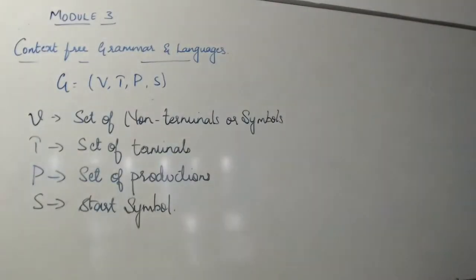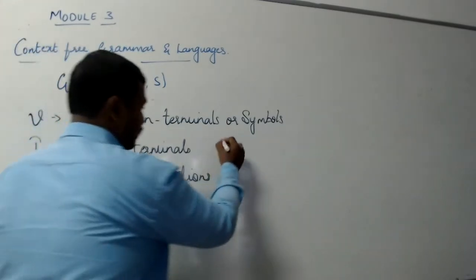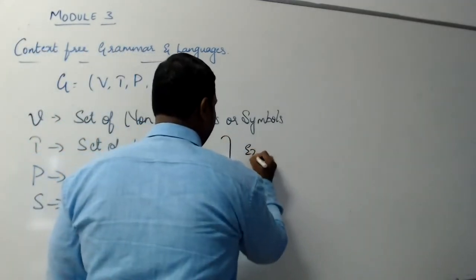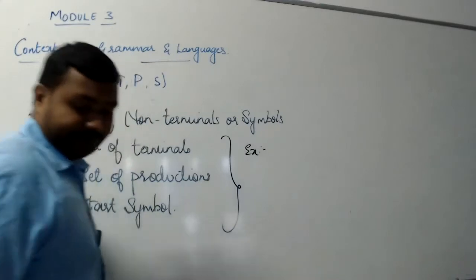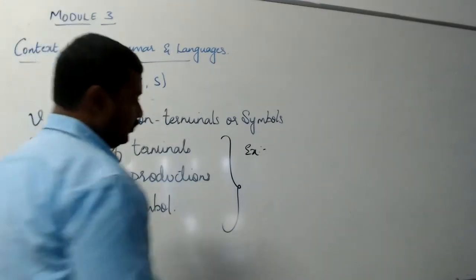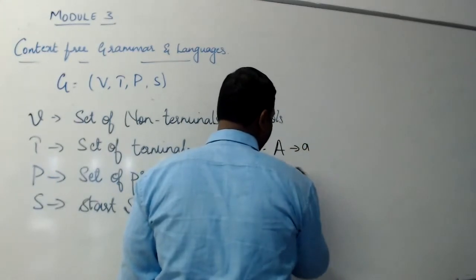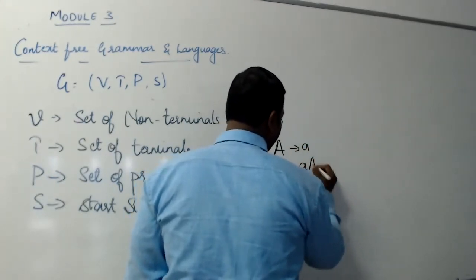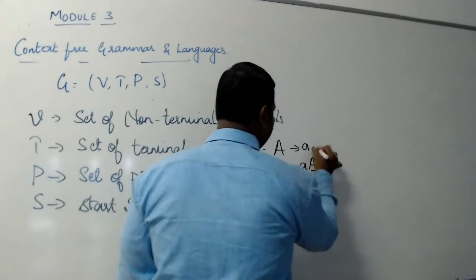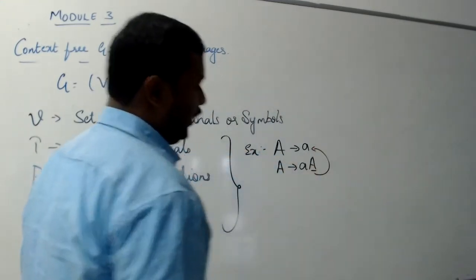For example, you can take a grammar. Example for your context-free grammar: A tends to A or A tends to AA, where again this A can be replaced using this A, so that A tends to AA.